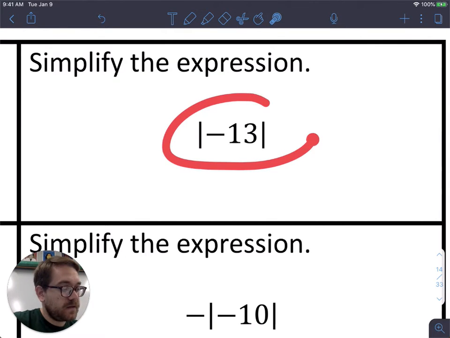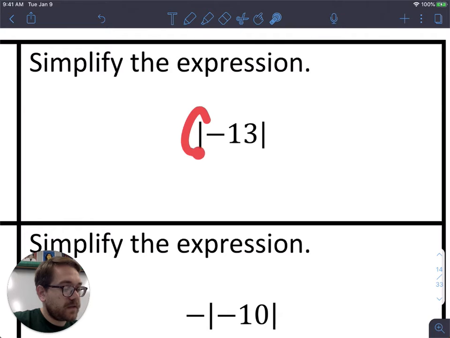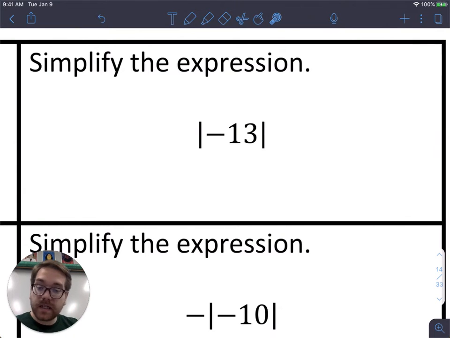So absolute value of -13. We've got our absolute value symbols here, and we're going to find the absolute value of -13. How far is -13 from 0? Same thing if we're thinking about a number line. If we start at 0 and go down to -13 in the negative direction, how far is that from 0? It's 13 from 0. It's 13 jumps.